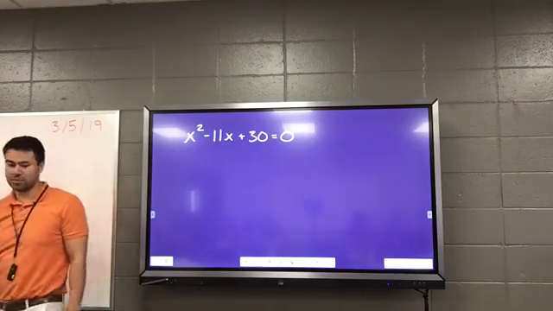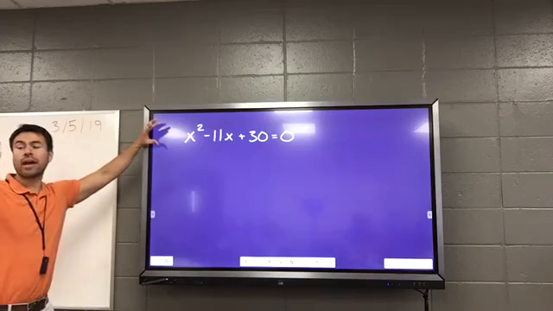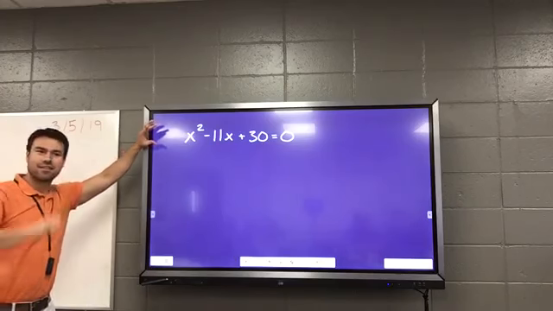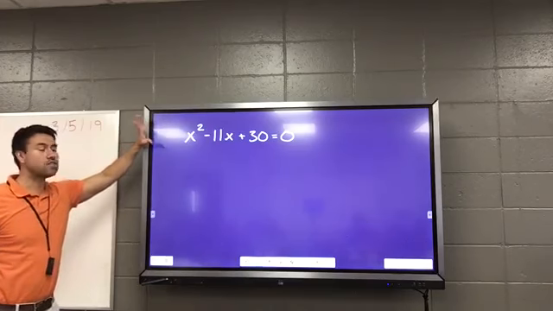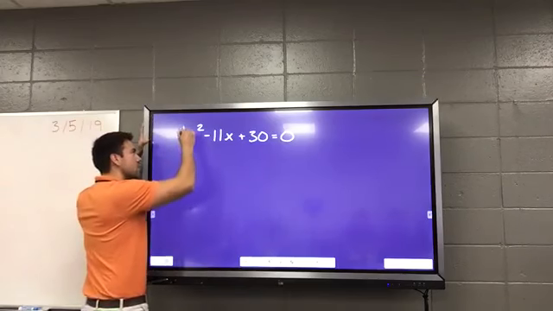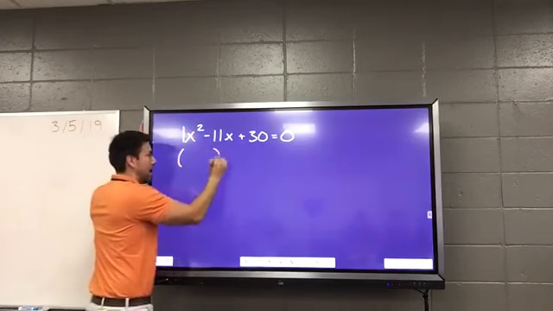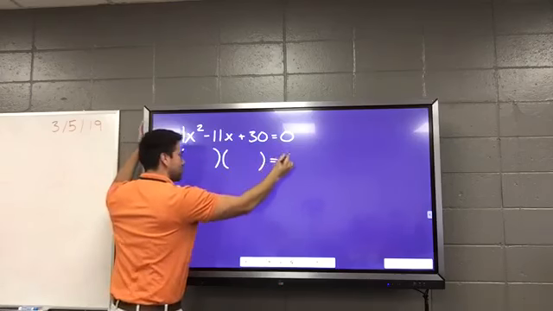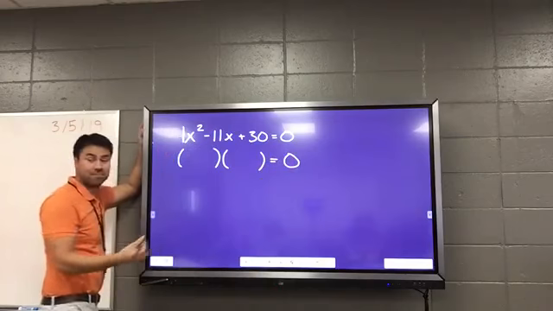We're up here on factoring. So I look at this and my first question is, do I have a GCF? I do not have a GCF. So now I look at the lead coefficient, which is 1. Do I have to use the bridge? No, I would not use the bridge. I would use the lead coefficient of 1 method.